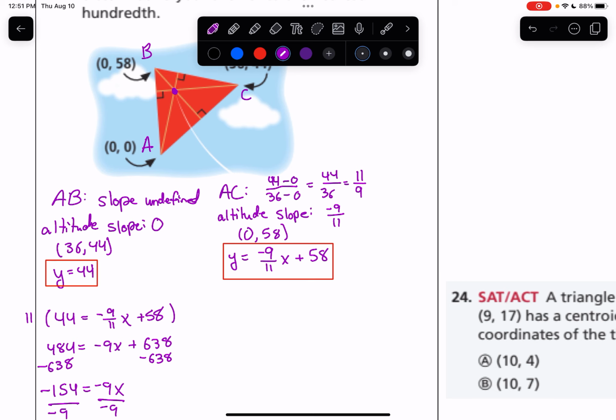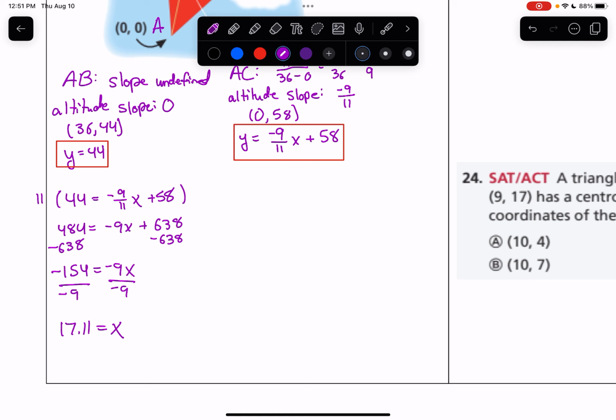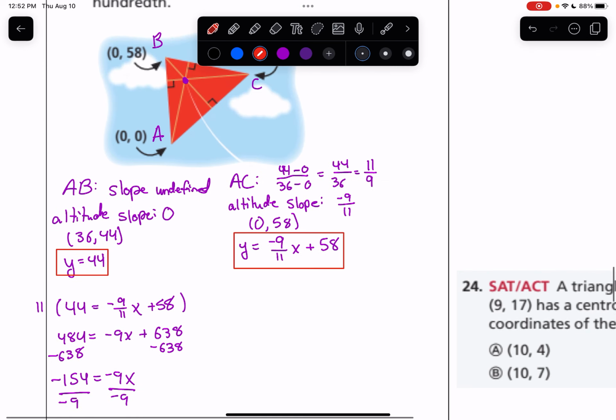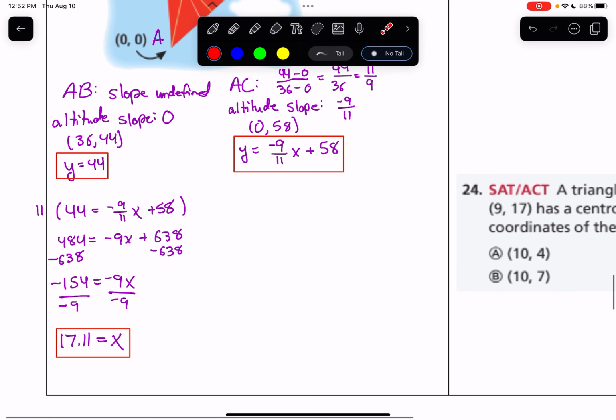Then we've got to find the y coordinate of the orthocenter. I already know the y coordinate of the orthocenter because I already know that y equals 44. So every y coordinate of the altitude right here is going to be 44. So I know that the x coordinate is 17.11.